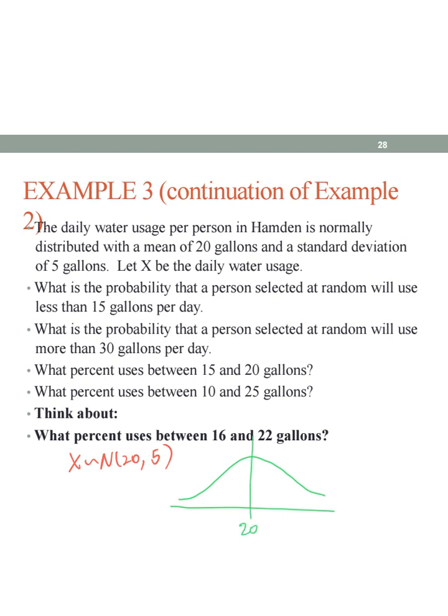Standard deviation is 5. And for 30 gallons, more than 30 gallons, so 30 is here. That is 2 standard deviations. We are looking for the probability for x bigger than 30. How to find the area for this part?